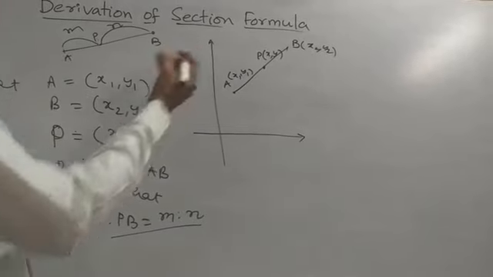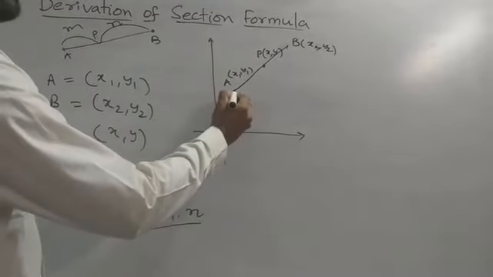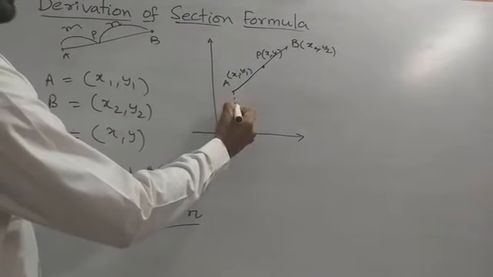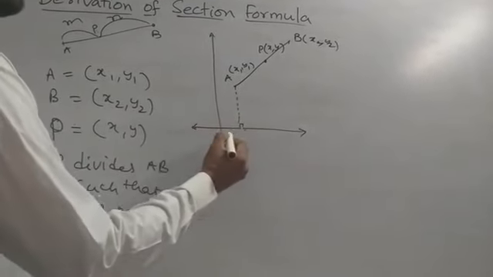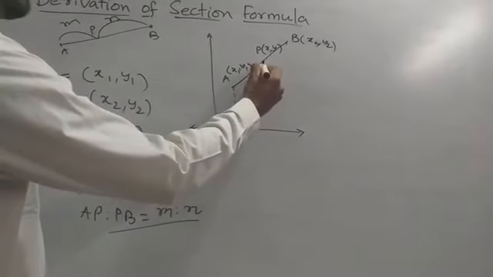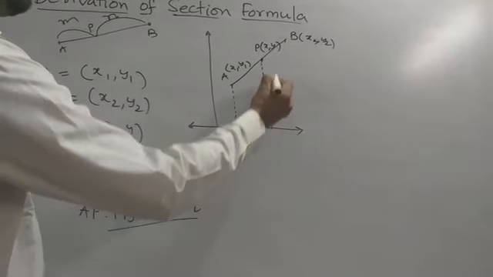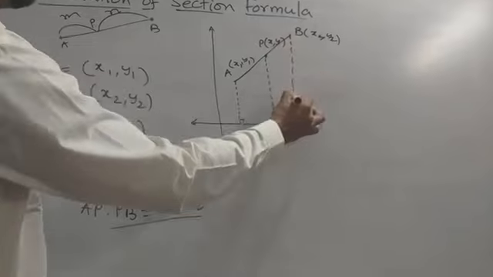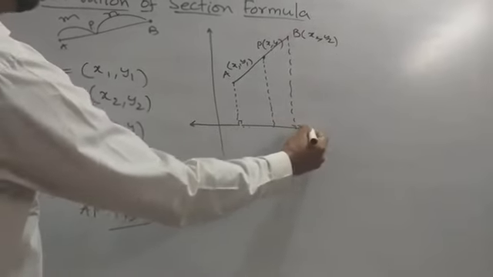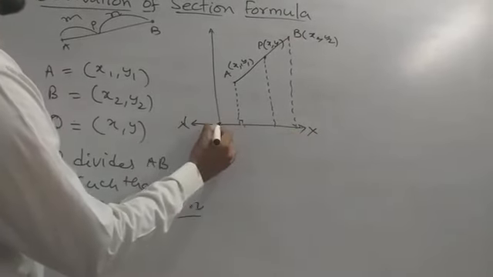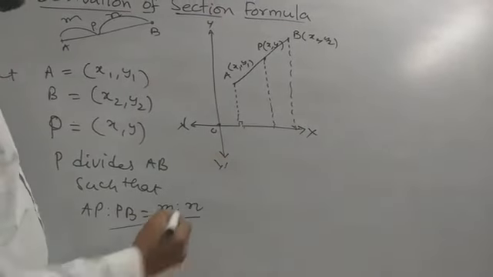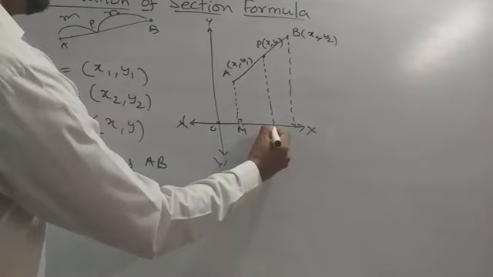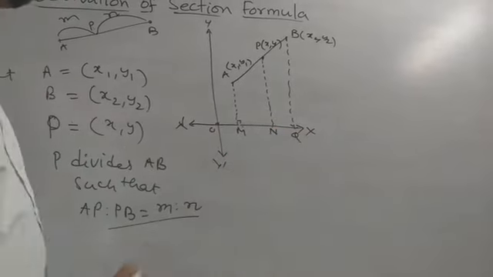Now how can we identify this? Please draw the perpendiculars from A, P, and B to the x-axis, and name the feet M, N, and Q.